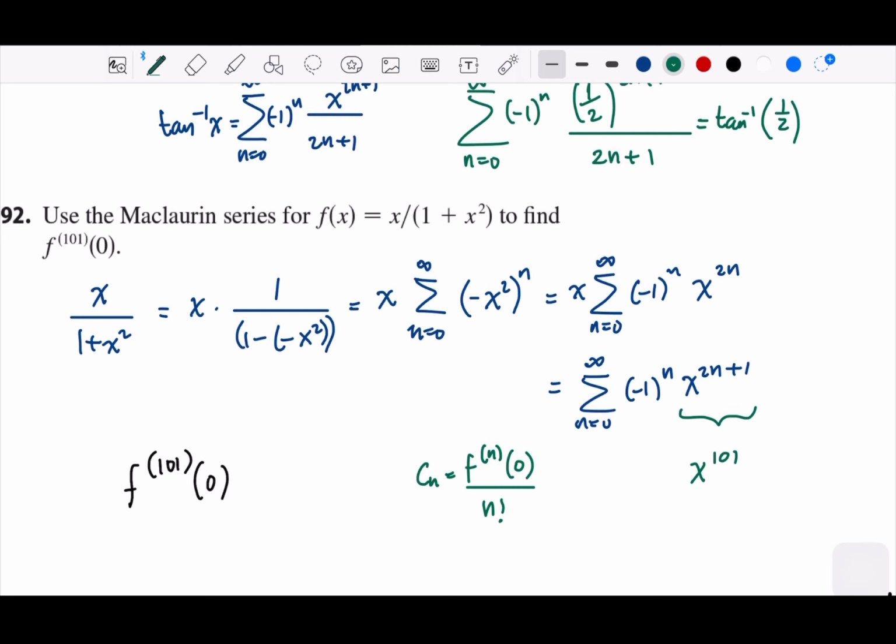Now, we get x with power of 101. So let me write, we got this at n equal 50, right? At n equals 50, 2n+1 is 101, right? And when n equals 50, this is an even number, so this is positive, right?